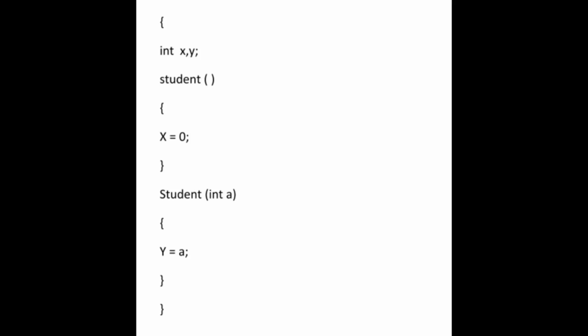We can include more than one constructor within a class, default type or parameterized. It is not limited to two types: two parameterized constructors and one default constructor also can be included within a single class. So 1, 2, 3, 4, we can include any number of constructors in a single class.